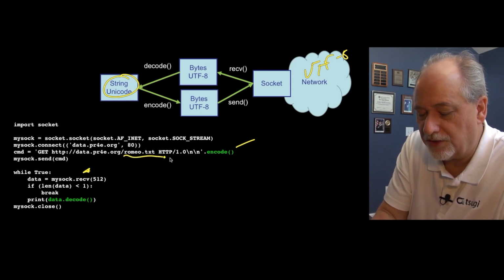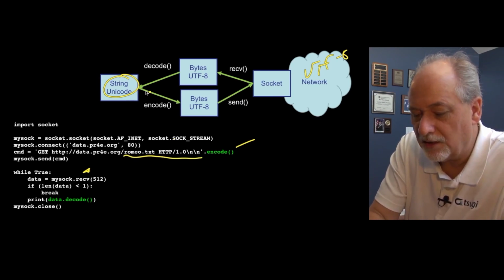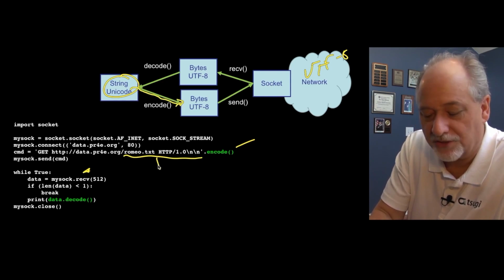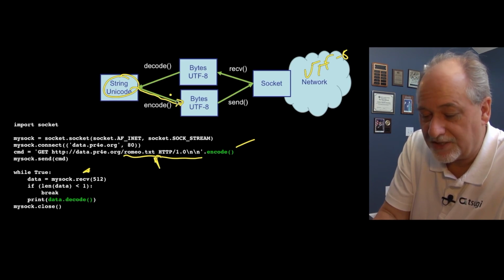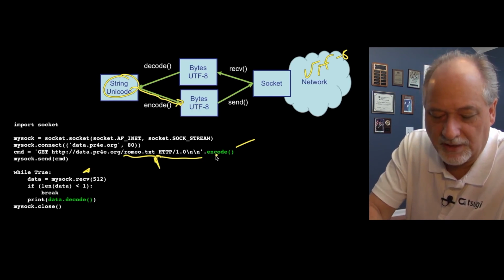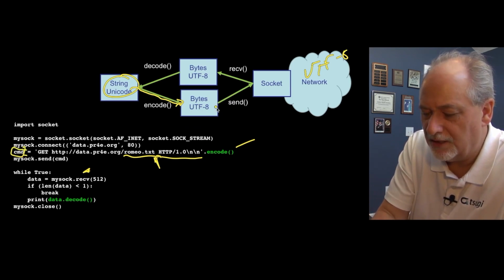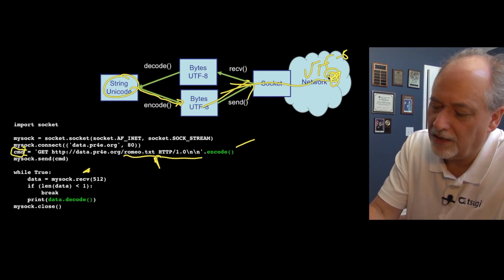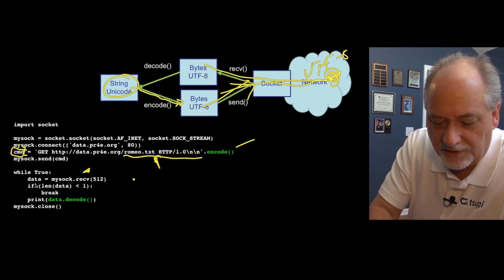Before we can send it, we have to send it in UTF-8. If that had Asian characters, it'd be okay, and that would be set up just right so that the UTF-8 would be right. So we encode it first, and that's this CMD. This is now bytes. CMD is bytes, and then we actually send the bytes, and that goes across the network.